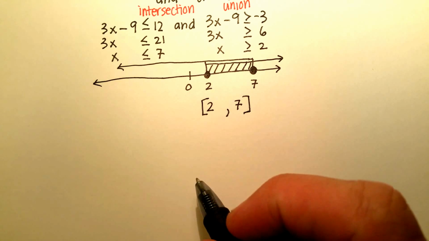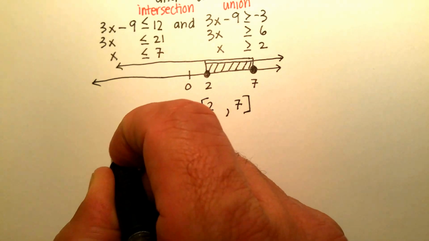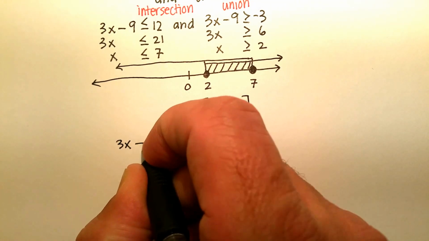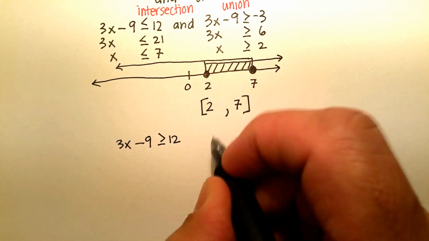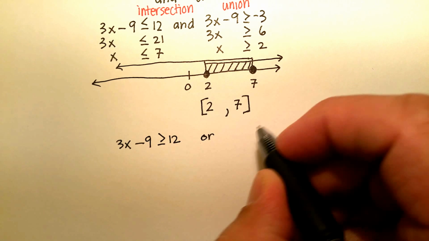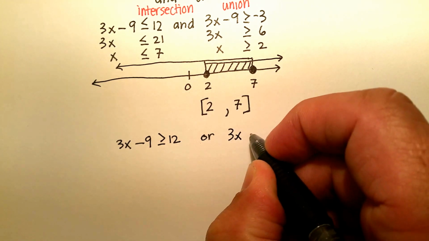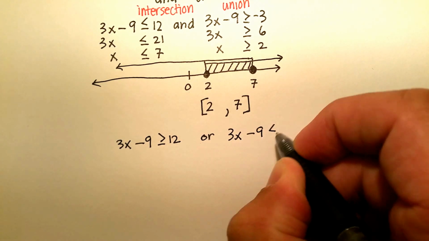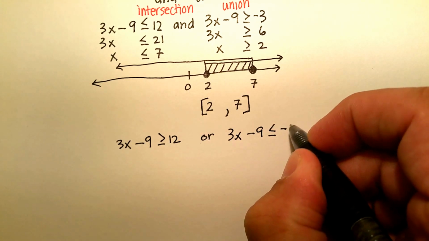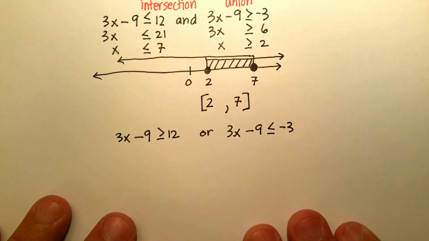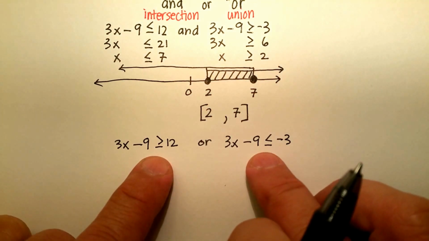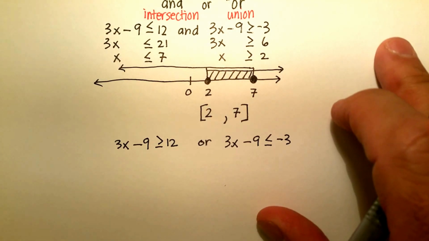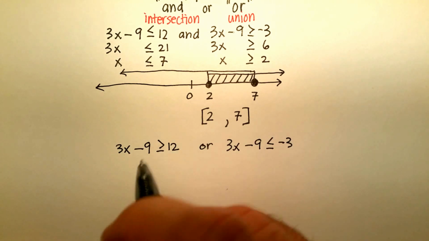Let's say I have the equation 3x minus 9 is greater than or equal to 12, or 3x minus 9 is less than or equal to negative 3. Now watch what happens. I just used basically the exact same ones up here, but I changed the answers and flipped the inequality. Look what happens when I solve these.